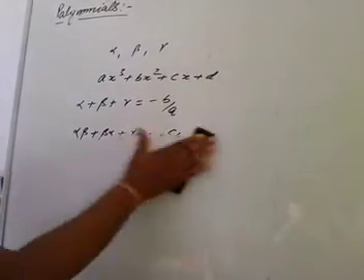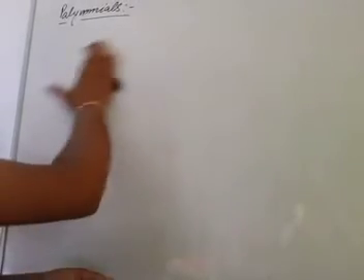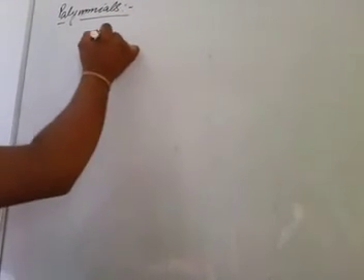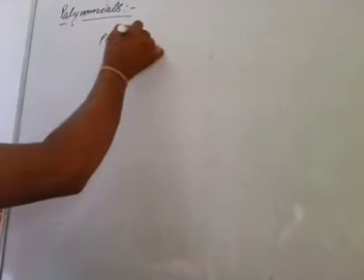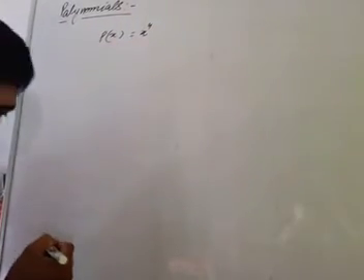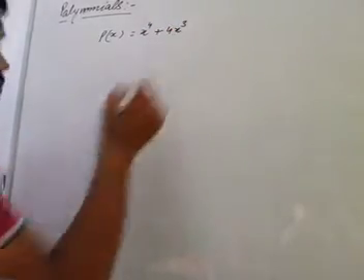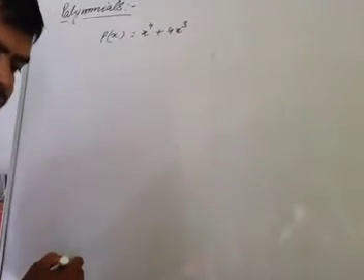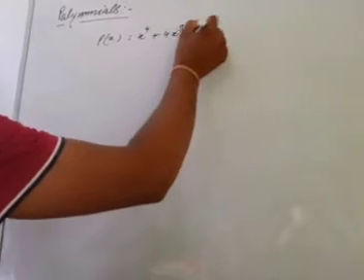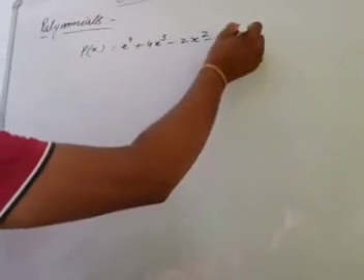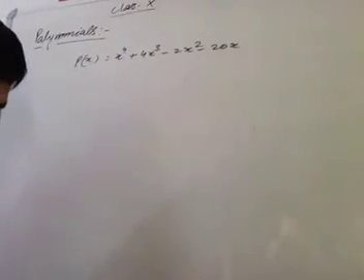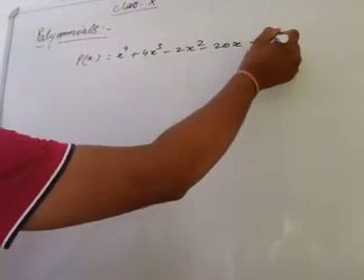The question is: obtain all the zeros of the polynomial x power 4 plus 4x cube minus 2x square minus 20x minus 15.